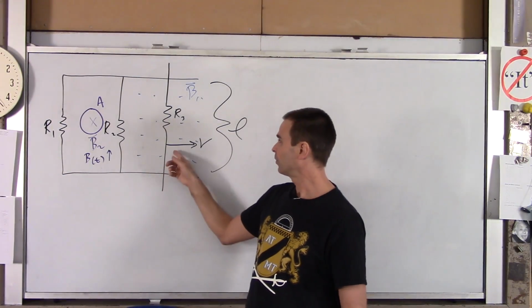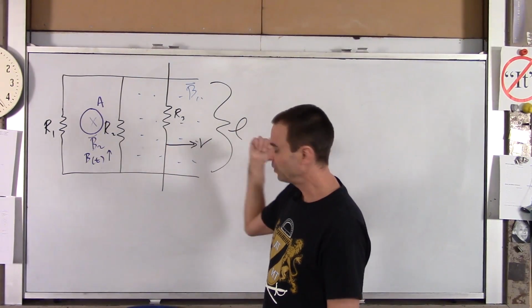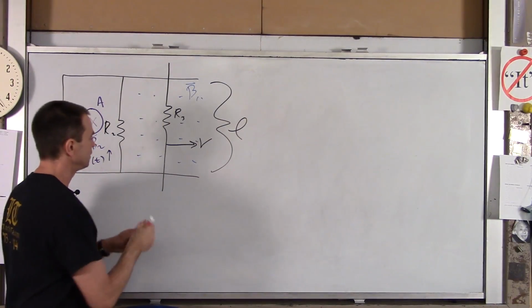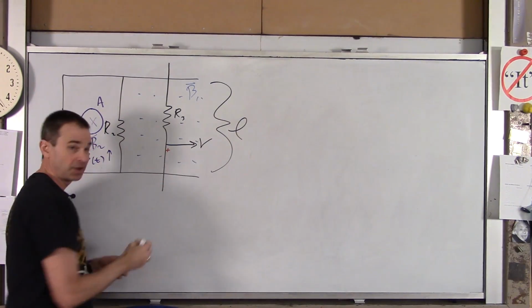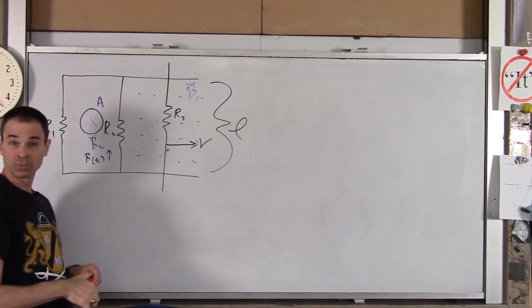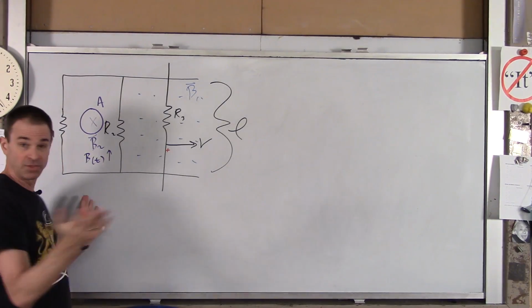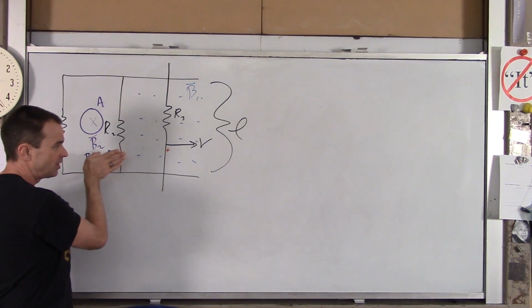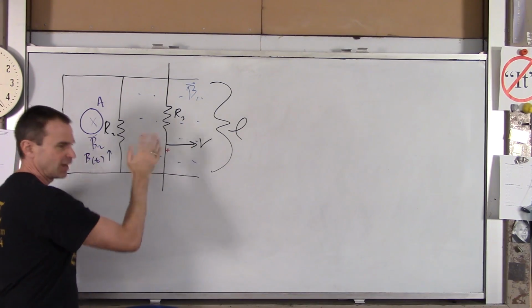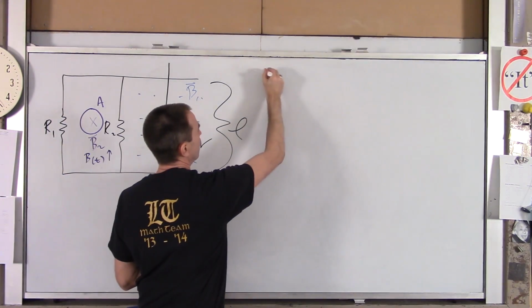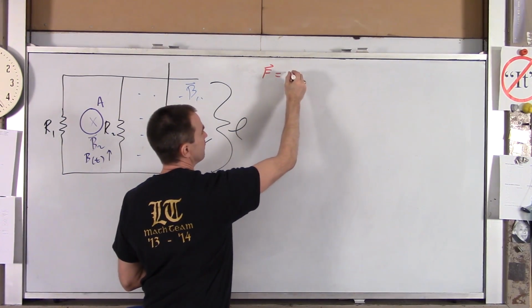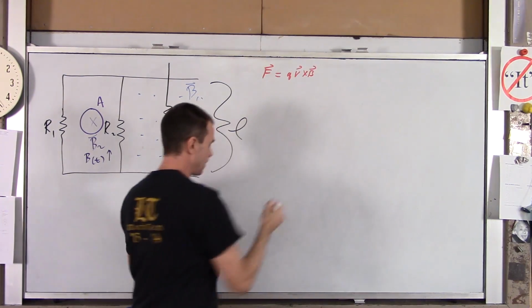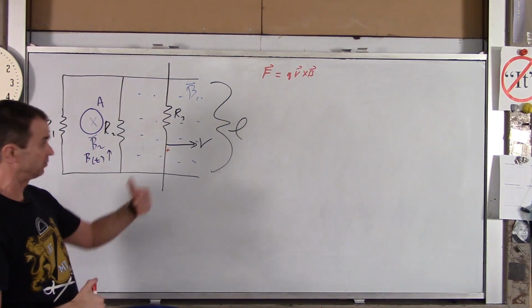So let's start with R3 here. R3 is moving to the right. If we imagine I'm a little positive charge there, I use my Lorentz force rule. There are lots of ways to figure this out, and this is one of them.